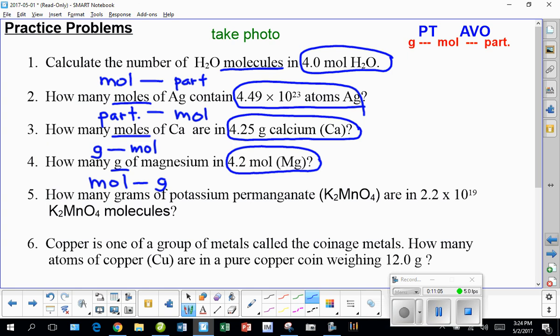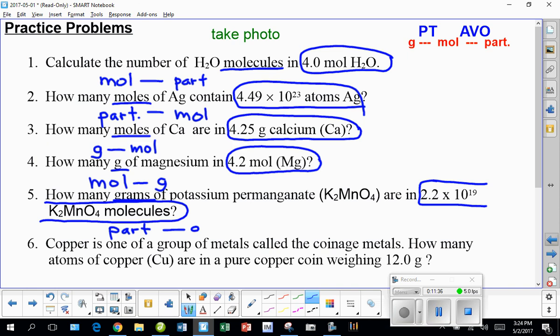Okay, I'm back. Now you see we have 2.2 times 10 to the 19 potassium permanganate molecules with that formula. And they're asking for grams. Okay, the grams are right there, and so I'm going to start with particles, and then I go to grams.